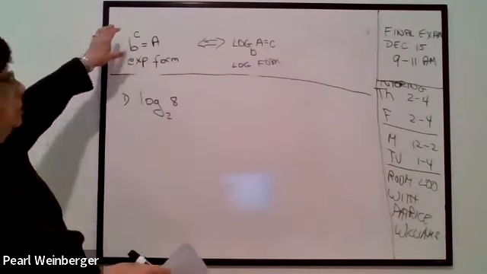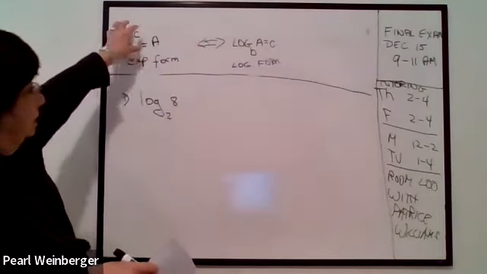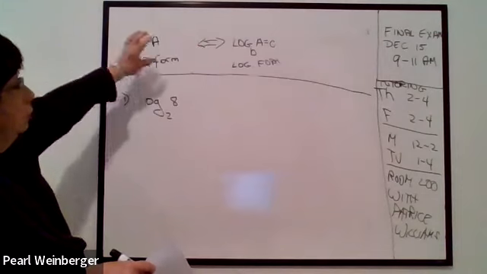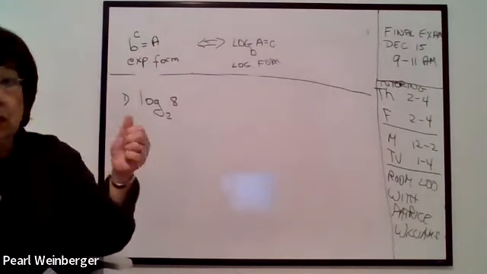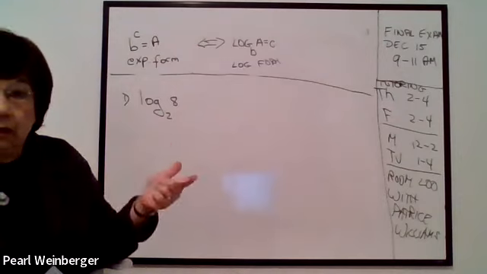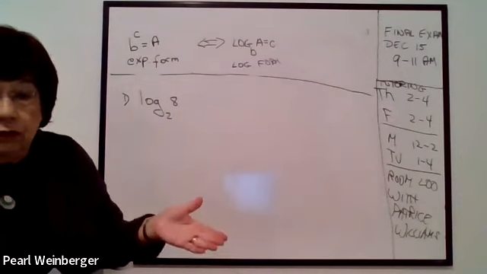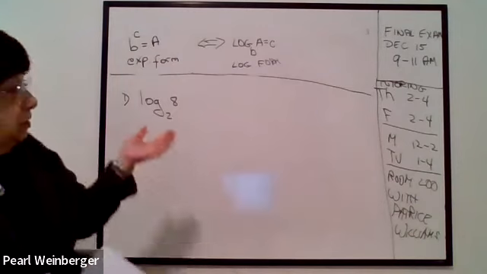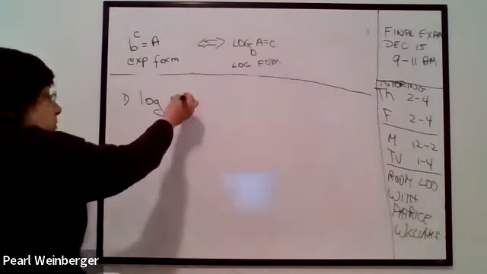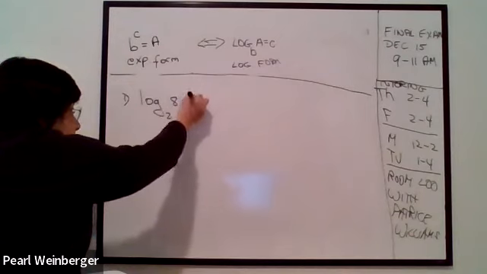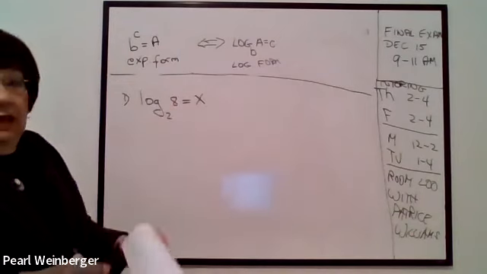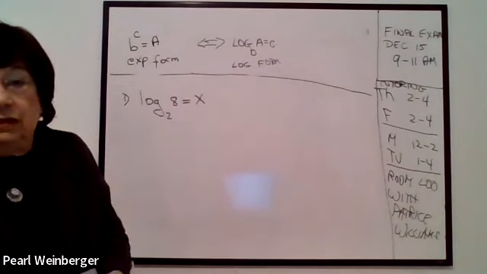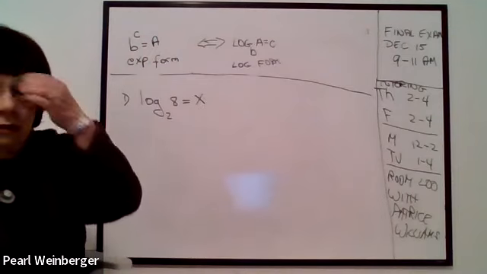Now, if you notice in both of these, the log form and the exponential form, there always are 3 numbers. There's the base, the exponent, and what it equals. If one of those numbers is missing, which in this case it is, well, it's not equal to anything, let's put it equal to x.